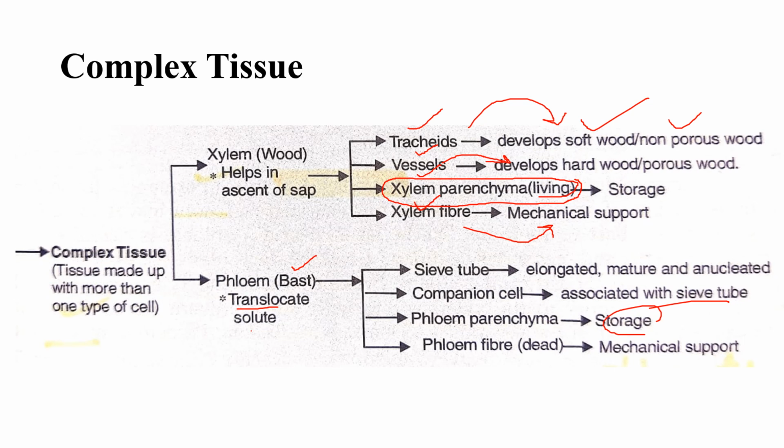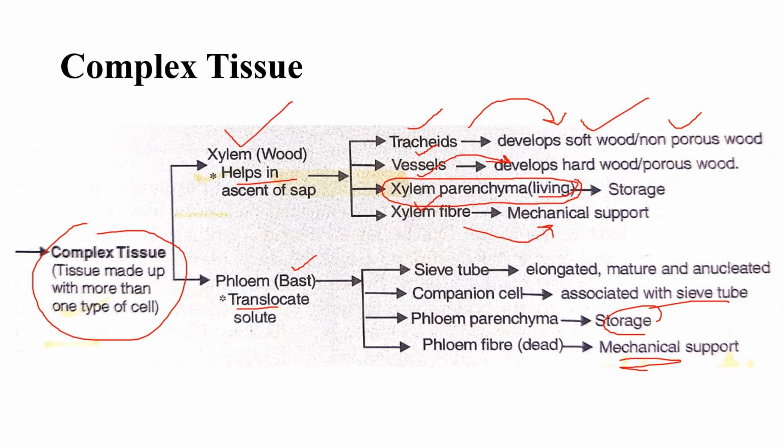Phloem fibers are dead and provide mechanical support to the plant. Complex tissue is divided into two categories. The first one is xylem, which helps in the translocation of sap, that is minerals and water. But the phloem helps in translocation of solute, that is food.